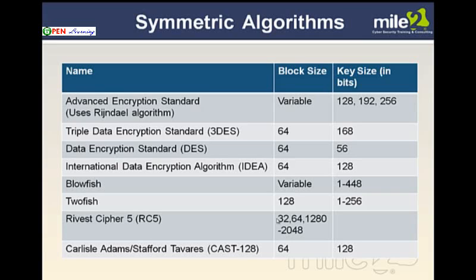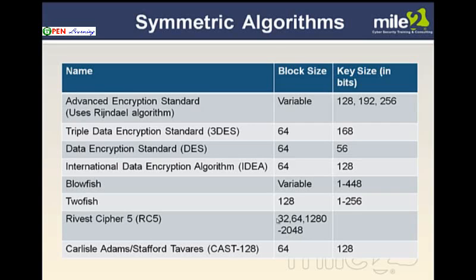With the Advanced Encryption Standard, the block size can vary, at least 128 bits and up. When you start looking at the key sizes, 128, 192, 256. And also when you look at the creators of AES, the 2 creators, we put their names together, you get Rijndael algorithm. So in many places you'll just simply see Rijndael and not AES.